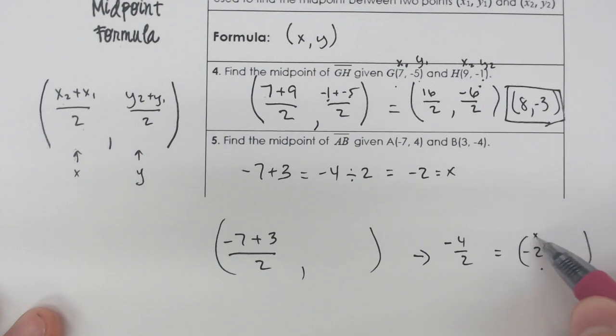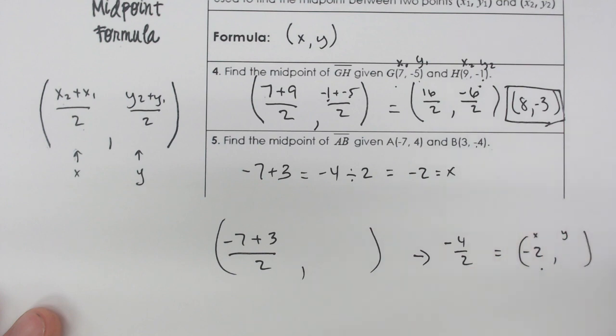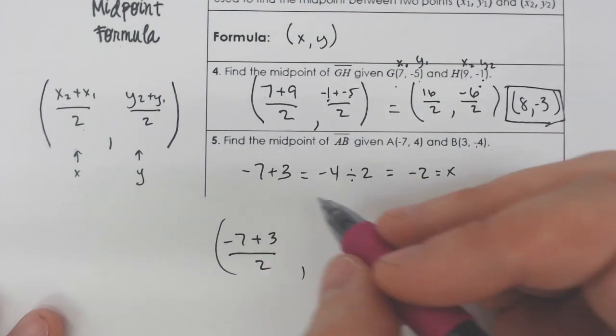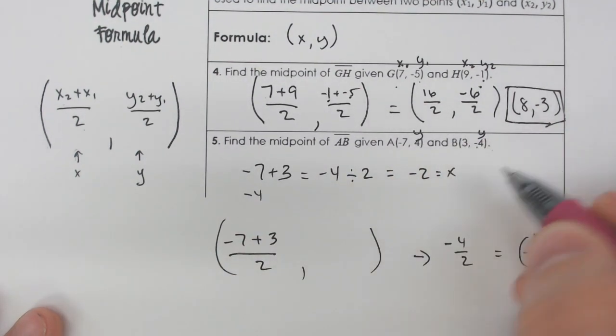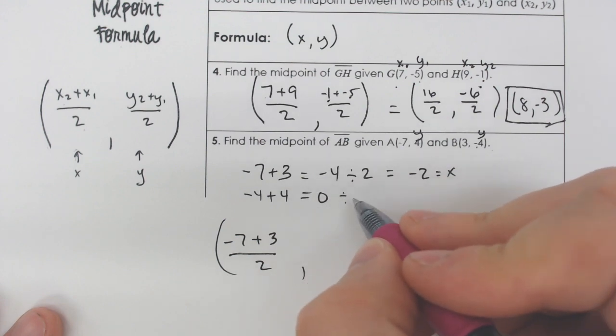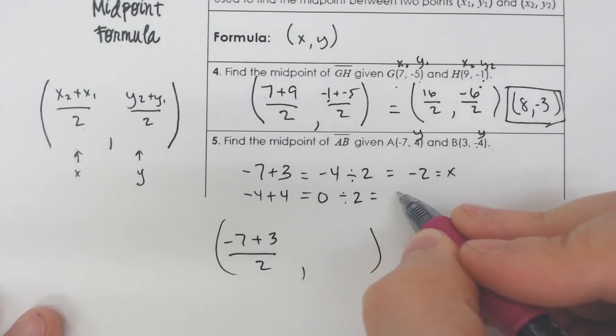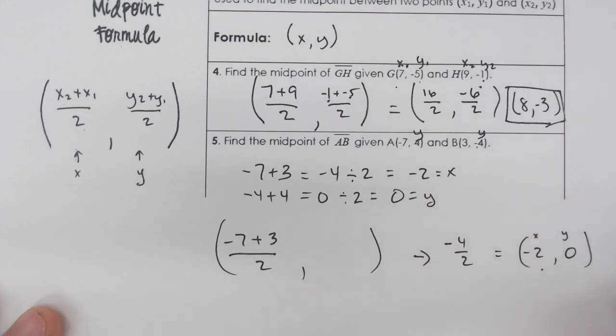I need to find the y value of my point by adding the two y values together and dividing by 2. So I have to add -4 and 4, that's 0. What's 0 divided by 2? Still 0. So my y value is going to be 0.